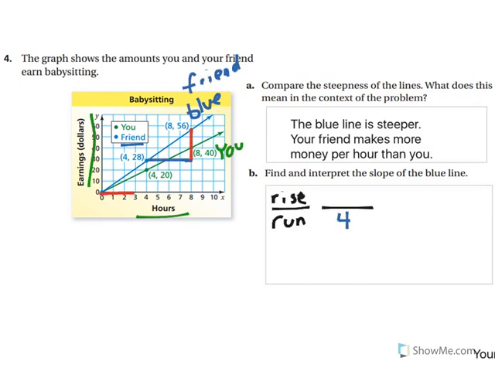So if I start at the 0, 0, I can go over, again, 4 spots. Again, that gives me the run of 4. However, if I go from 0 up to 28, it makes the math really easy. I went up 28.